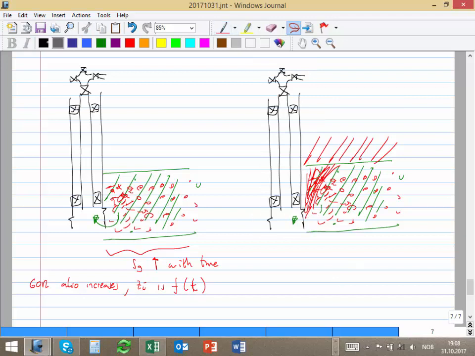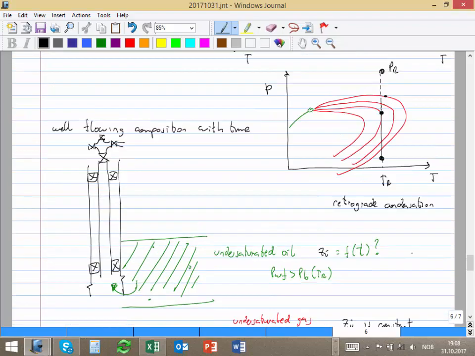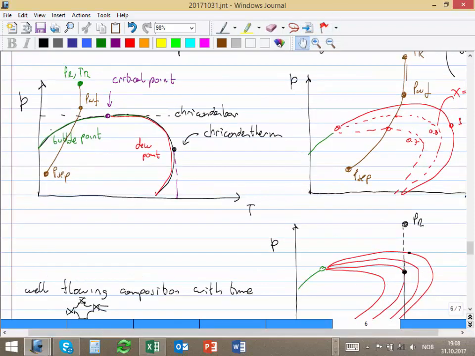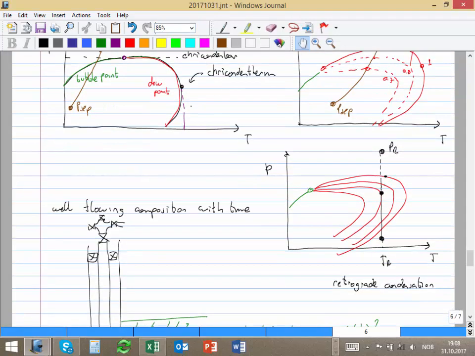For gas coning, the composition coming into the well, the Zi, is also a function of time. So be careful, we make this plot and it's very easy to understand, but basically all of these lines might be changing with time depending on the system you have. Okay, so be careful. It's just to call your attention to that.